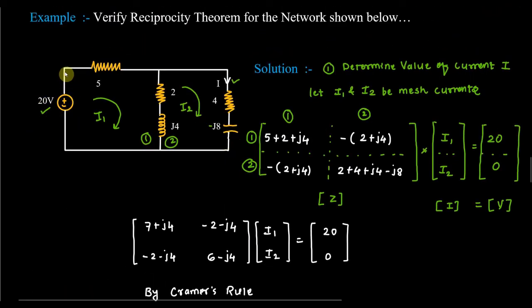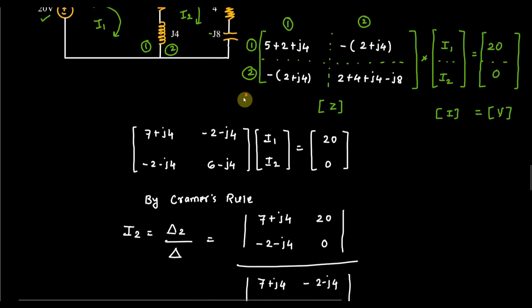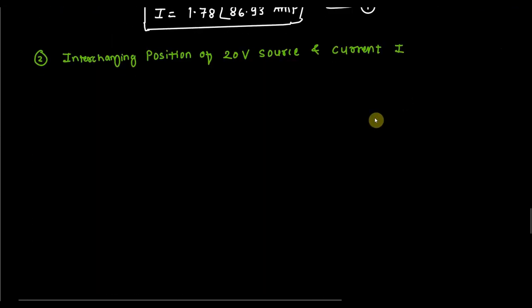At this 20 volt position there is a current I, and at this current position there is a 20 volt source. Now the rest of the circuit will be as it is. So I will draw that circuit. Here we have a 5 ohm resistance.